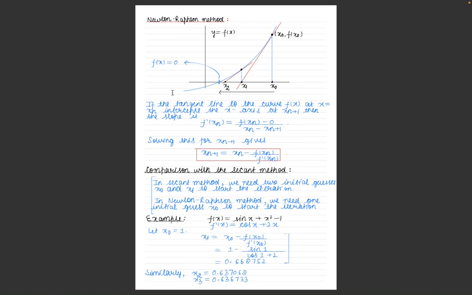So whatever we have done, now we will see it mathematically.